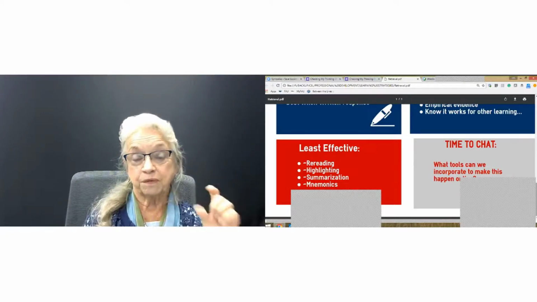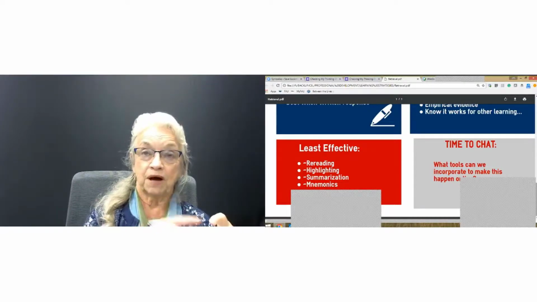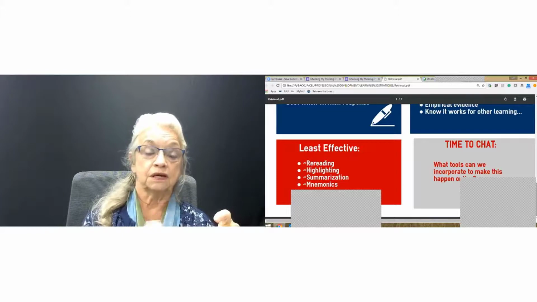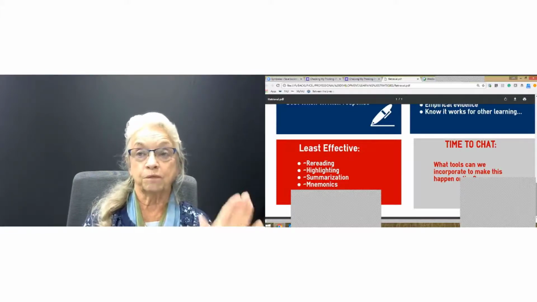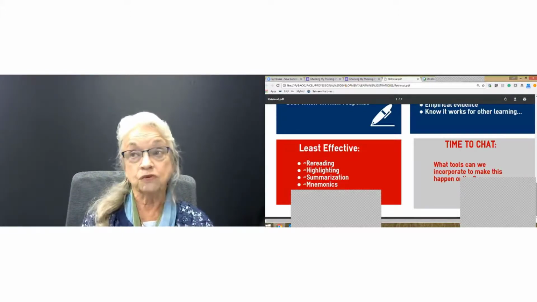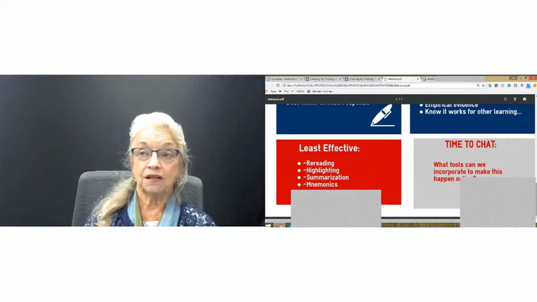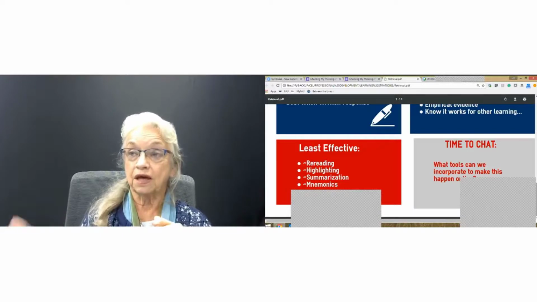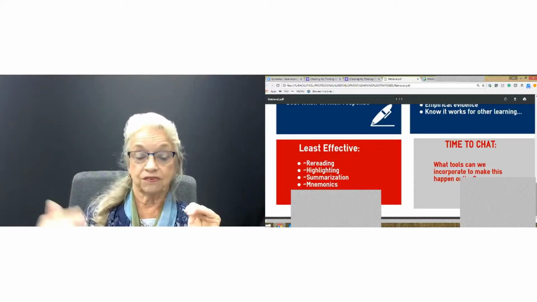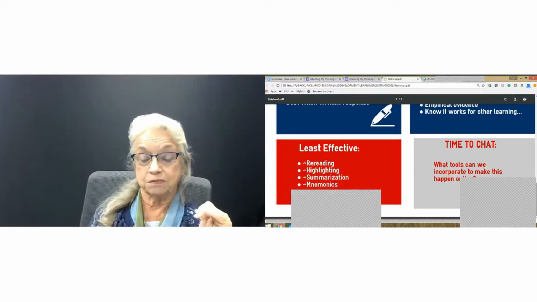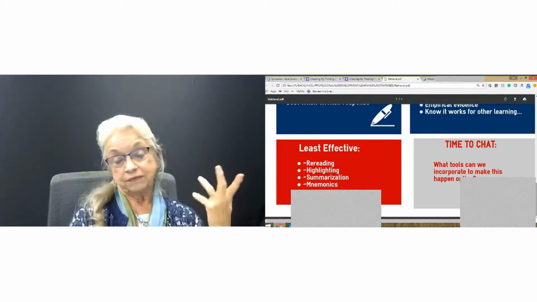Highlighting or post-it notes on a page to identify what the key thing is so that you can go back and do a self-test. Take that post-it note or the highlighting off, close the book and say, okay, what do I know about this? That is a way to make it effective.